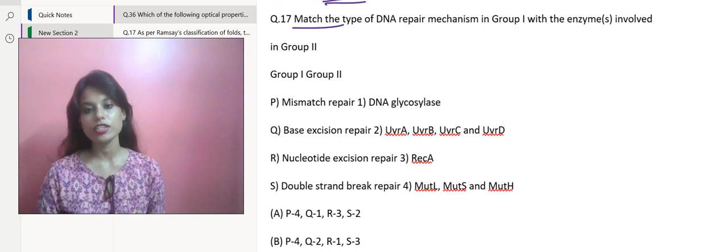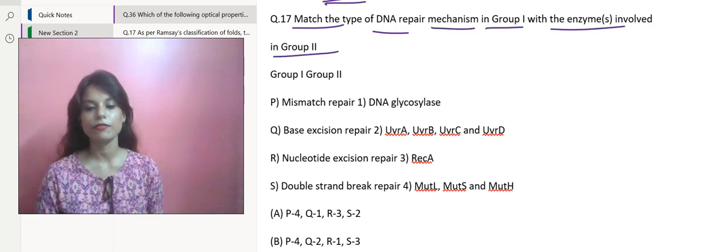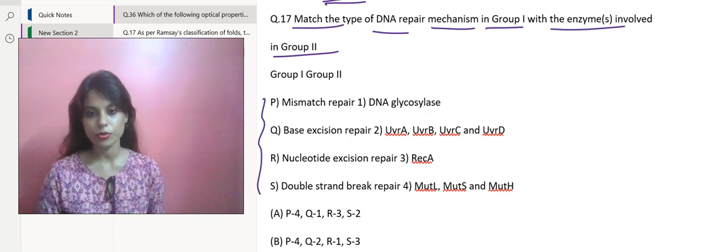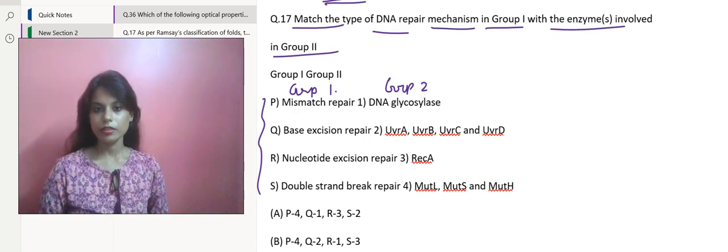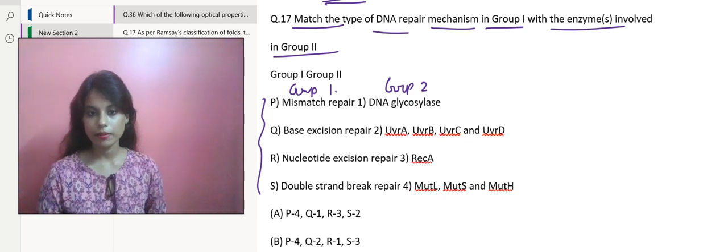It says match the type of DNA repair mechanism in group 1 with the enzymes involved in group 2. We have here the alphabets as group 1 and the numbers as group 2. Right? Let's try to match them. Now the correct one would be mismatch repair. Mismatch repair, P, will go with option 4.